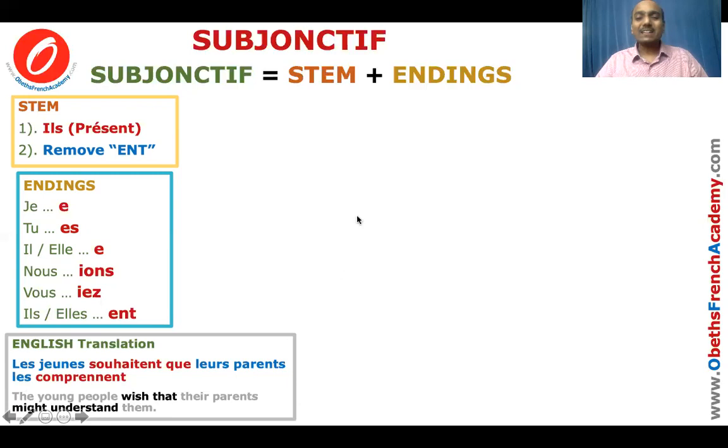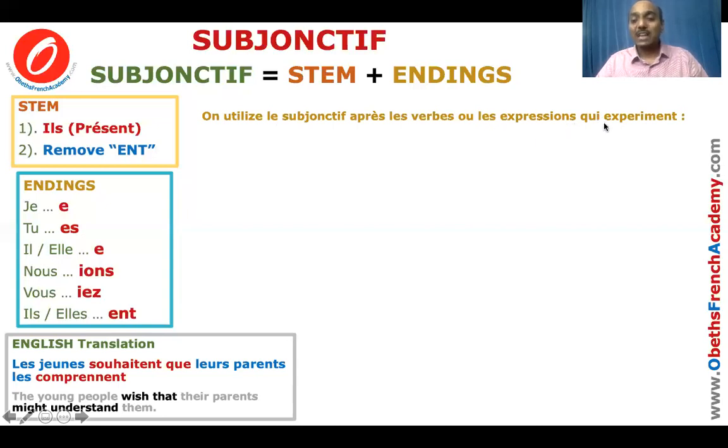So we're going to see when we're going to use a verb in subjunctive. The title I've given is On utilise le subjonctif après les verbes ou les expressions qui expriment, we use subjunctive after the verbs or the expressions which express, number one.